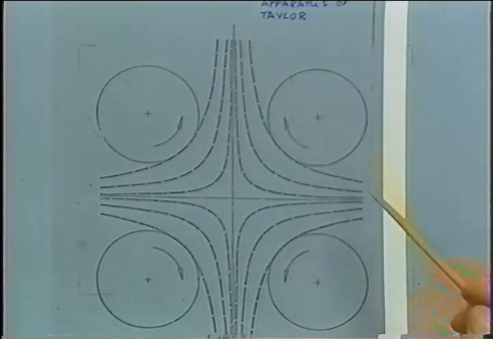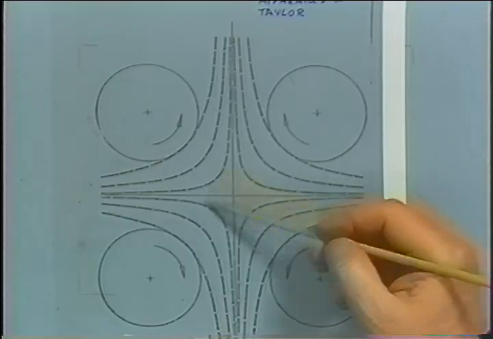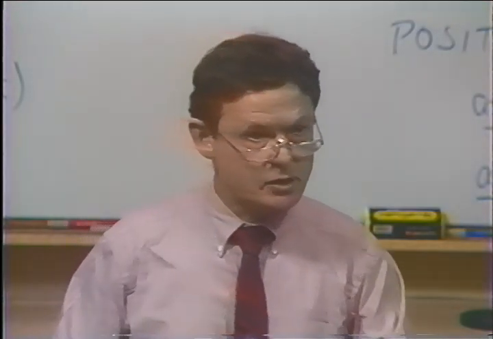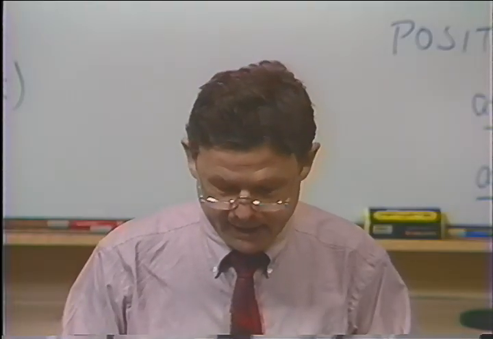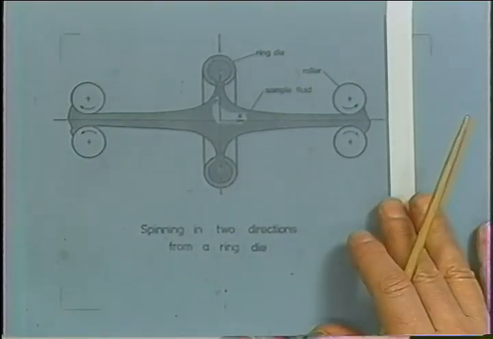So there are deviations, and the ideal stretching behavior is only produced in the immediate vicinity of that stagnation point.